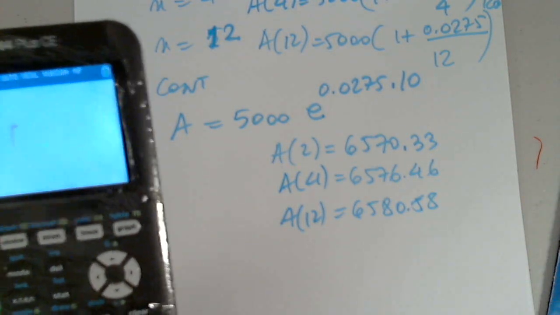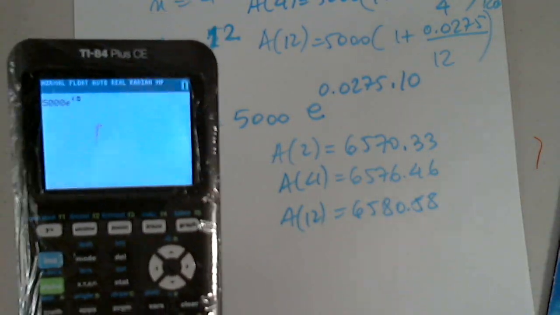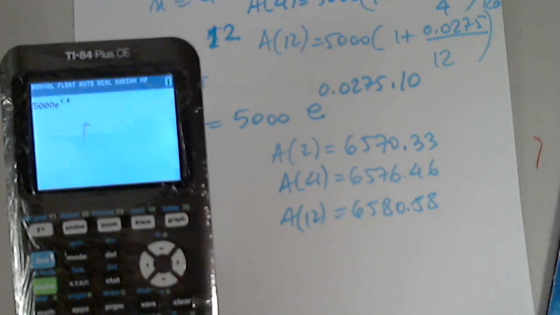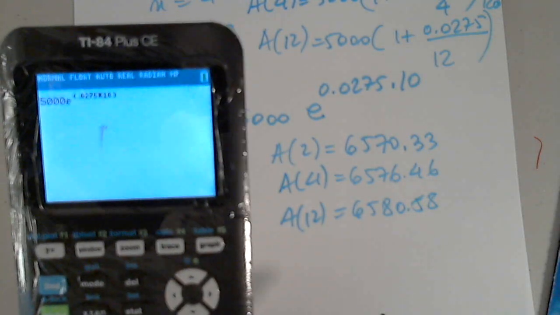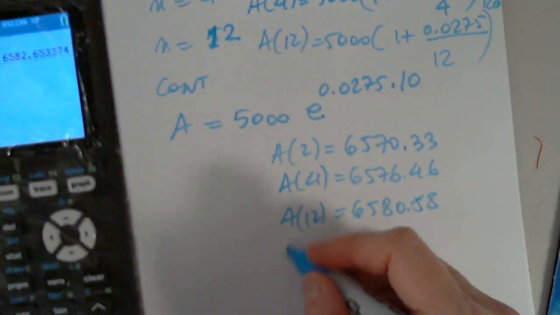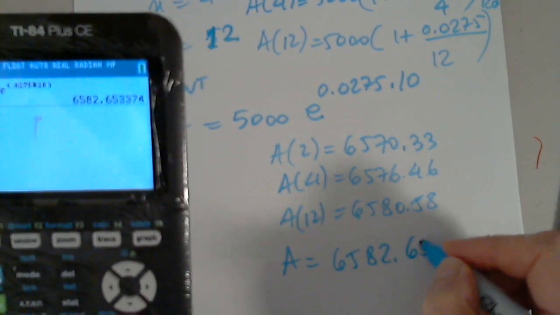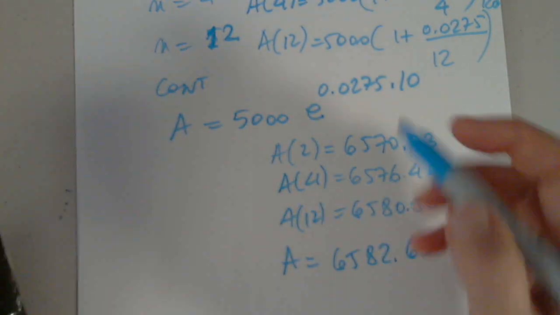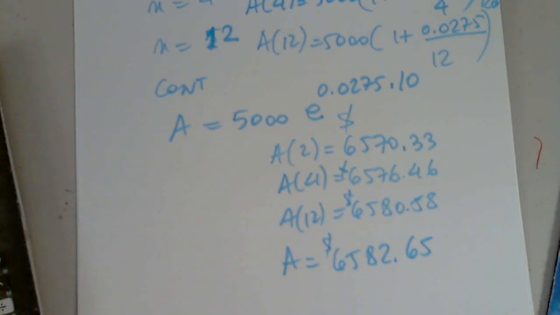But it's only one. So second and natural log for the e, in parentheses, 0.0. I didn't have to, I can multiply that, but let's say we put parentheses. And when you press enter, so A continuously is 6582.65. And of course, the measurement unit, they're all dollars. So don't forget the measurement units for everything.